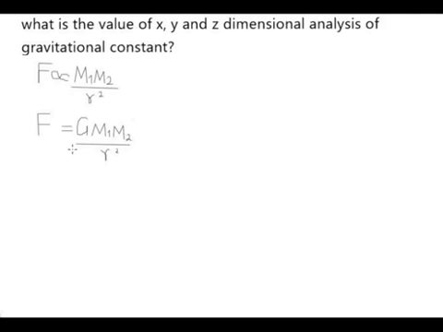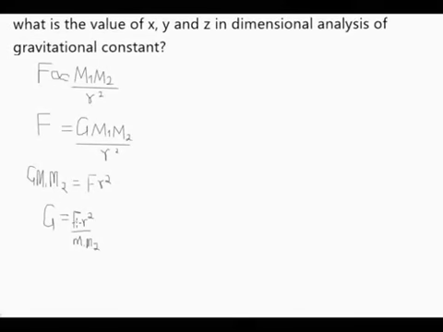We can go ahead to cross multiply, and then it will give us G m1 m2 is equal to F r squared. Since we are looking for dimensional analysis of gravitational constant, we are going to make G subject of the formula. Then you have G is equal to F r squared all over the coefficient of G, which is m1 m2.